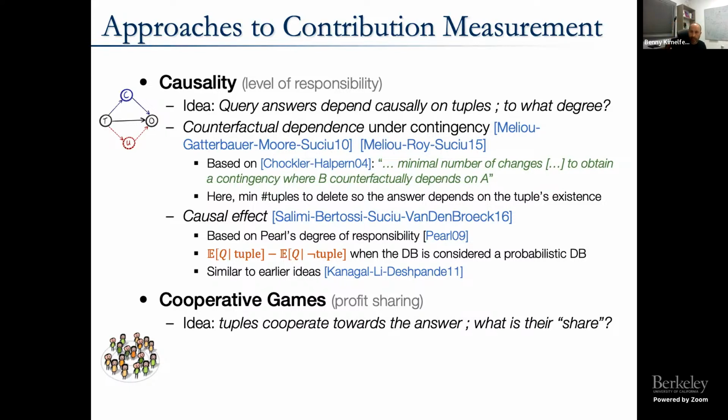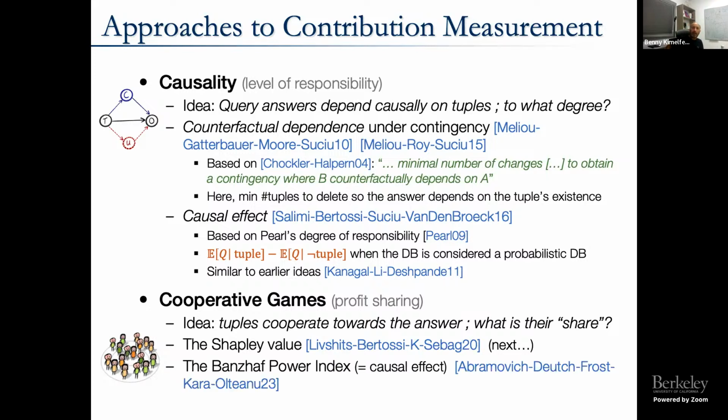How do we share the joint utility? This is a different way of phrasing the contribution. And then the Shapley value that Daniel mentioned, and that I'm going to talk about in the rest of the talk, is one of the main concepts of sharing the profit.